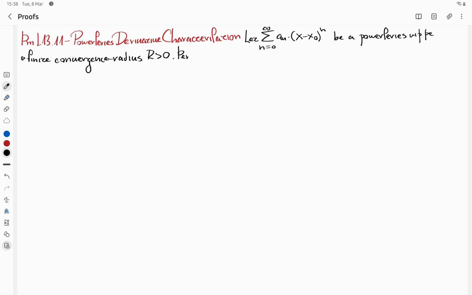then the series, like so, of a_n times n times (x minus x_0) to the n minus 1 is also a power series, clearly.